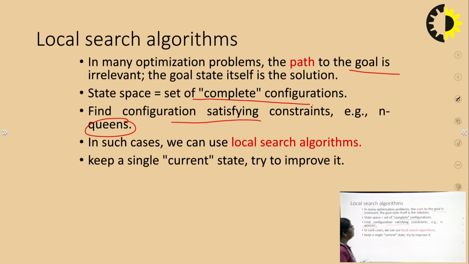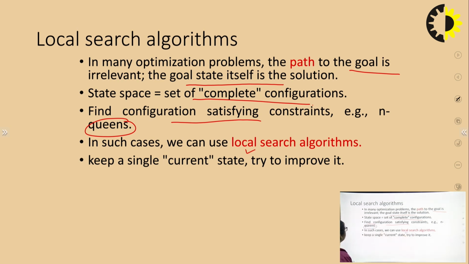So the solution is the goal state in which no queen is attacking in the same row, meaning there is no attacking pair in a row, no two queens in a row, and the same for column and diagonal. In such cases we use local search techniques.